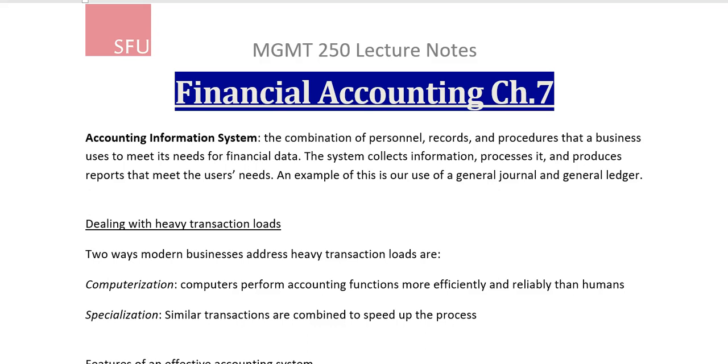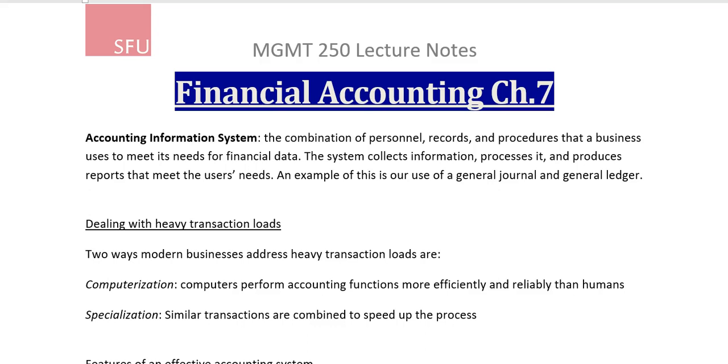So we have some really active businesses out there with a lot of transactions. The way we deal with heavy transaction load is through a couple of modern business strategies. One is computerization. Computers perform the counting functions more efficiently and reliably than humans.